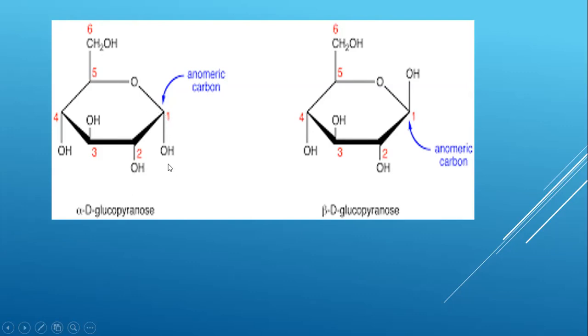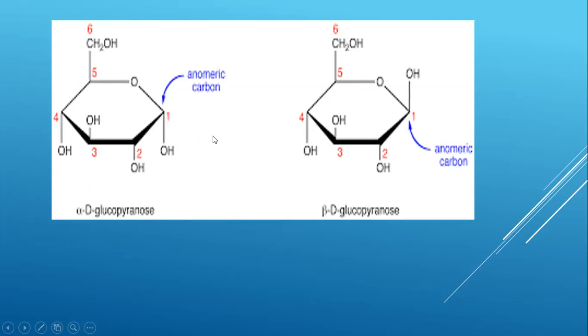So when this occurs, the hydroxyl group on carbon 1 may either go up, like it is here, or come down. When it goes up, it is called a beta anomer. When it comes down, it is called an alpha anomer. So this glucose, which is now cyclic, is alpha glucose.